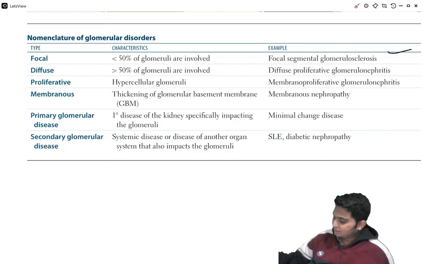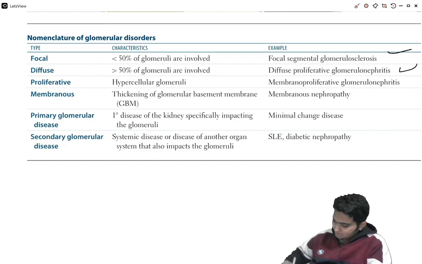Diffuse proliferative glomerulonephritis is an example. Proliferative means hypercellular glomeruli, as we are seeing in PSGN.